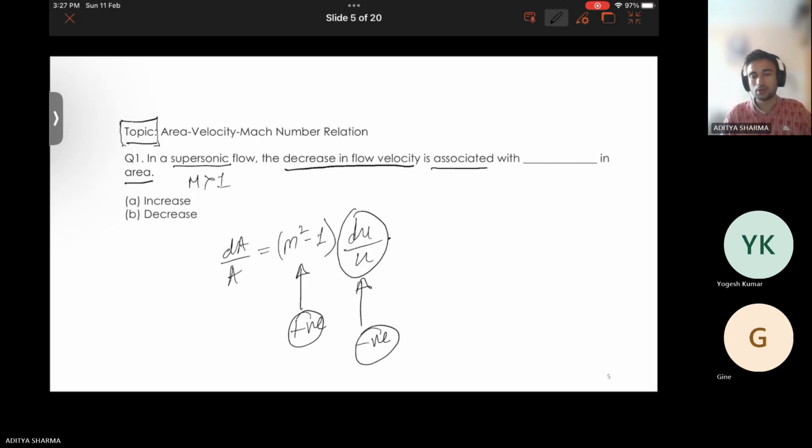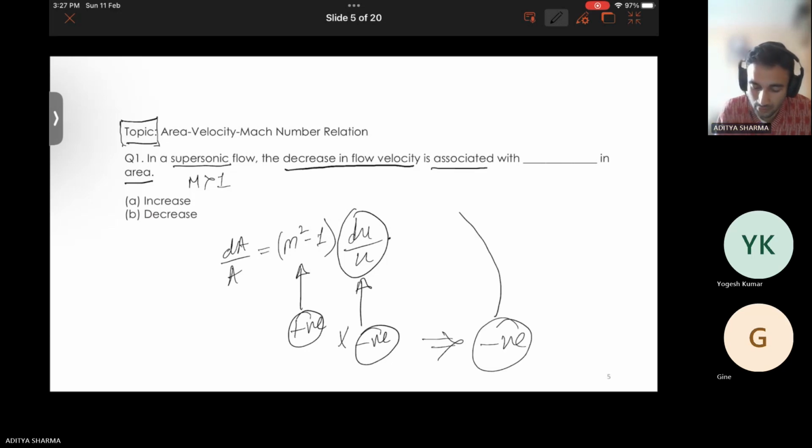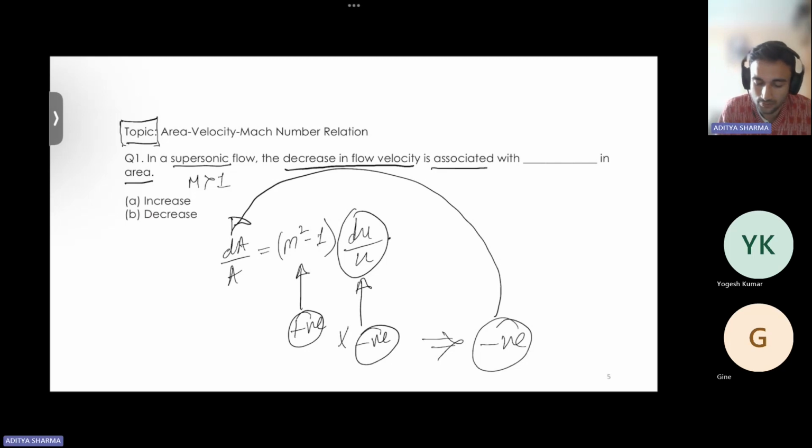If we multiply a positive with a negative, we will get a negative, which means the area will decrease.